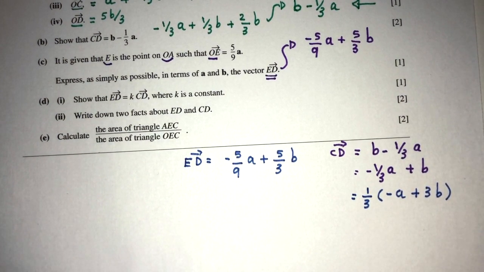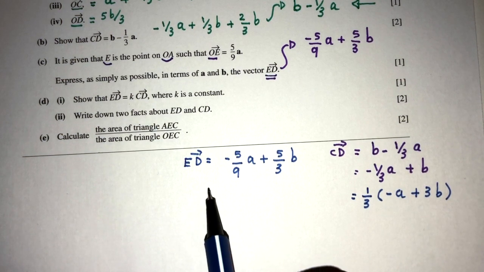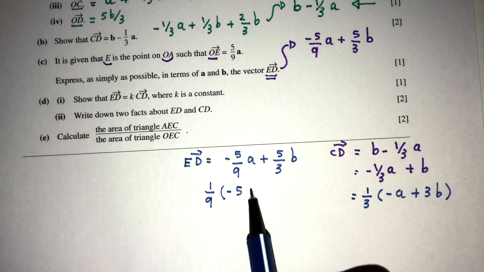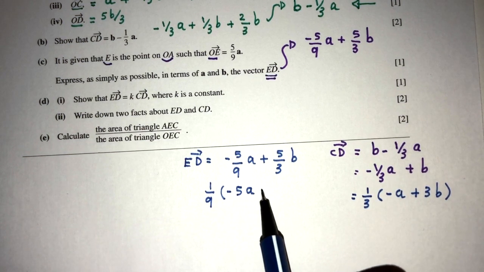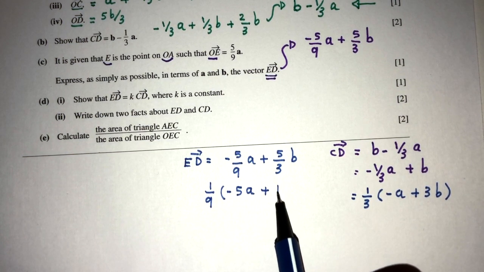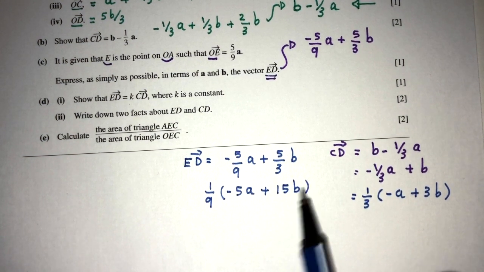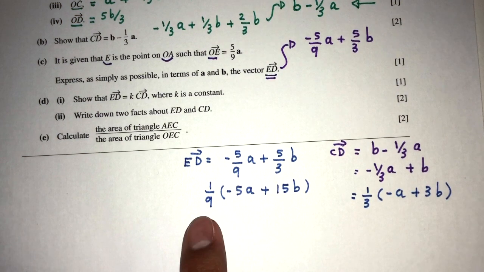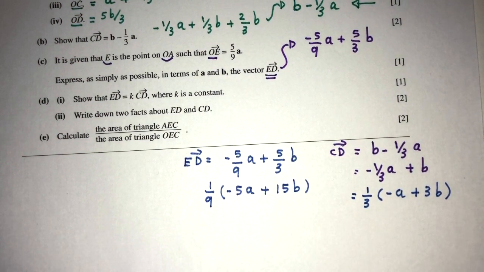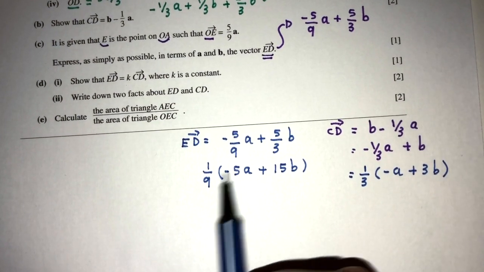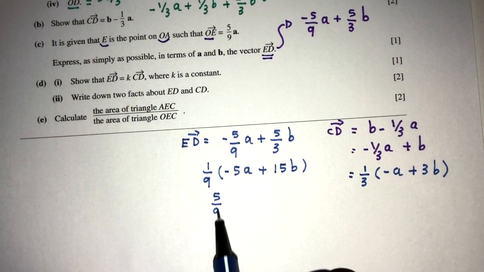I can try to take out the value of 1 over 9. You will have minus 5a plus 15b, because if you were to expand this, you will get back the same thing. One more time, I can also simplify again. If you observe, take out the value of 5. You have 5 over 9.